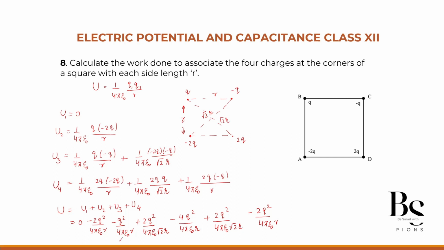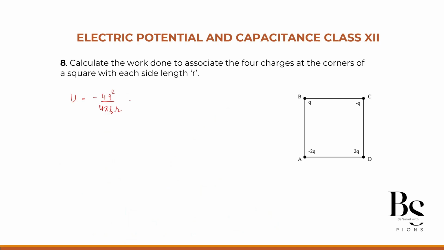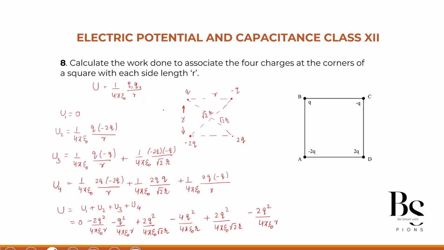Next, let's move to any other r parameter. Yes, here it is. So this will be minus q square and minus 4q square. How much it is? Minus q square and minus 4q square. Minus 5q square. Let me write here minus 5q square upon 4 pi epsilon naught r. Correct? Let's move ahead.